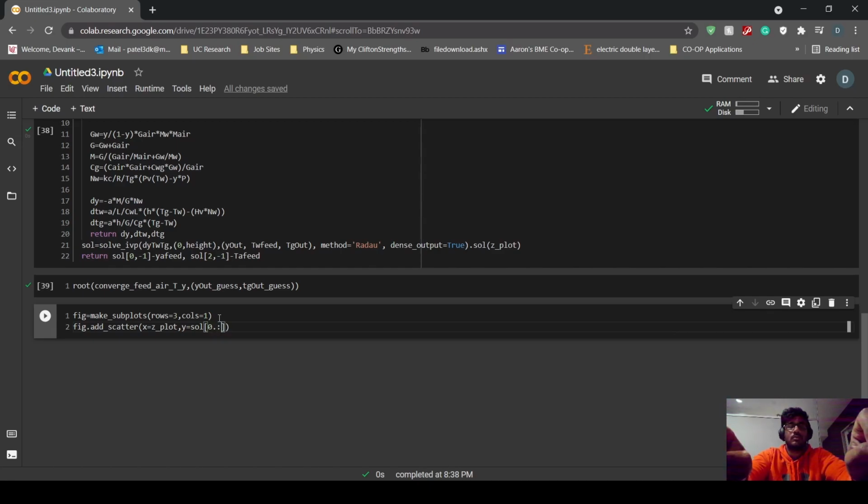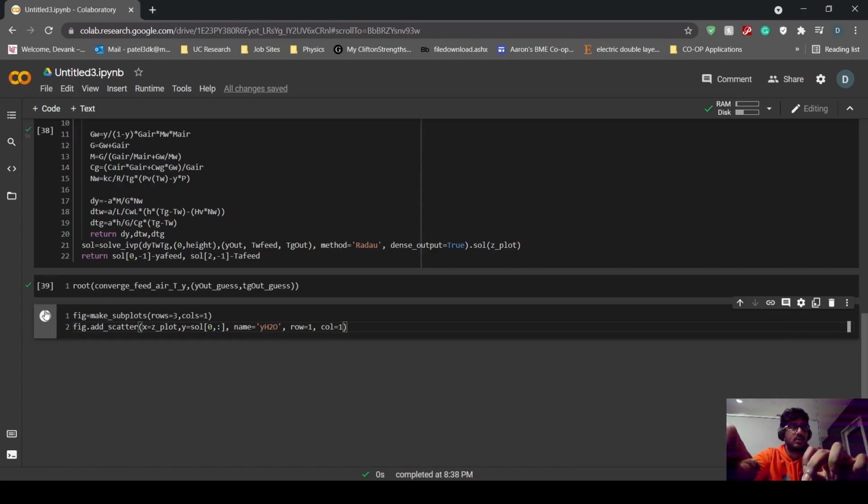And what the colon represents is all of the values inside the array. And then we want to name this plot YH2O. So name equal to YH2O. And then we're going to have this be row 1, column 1.